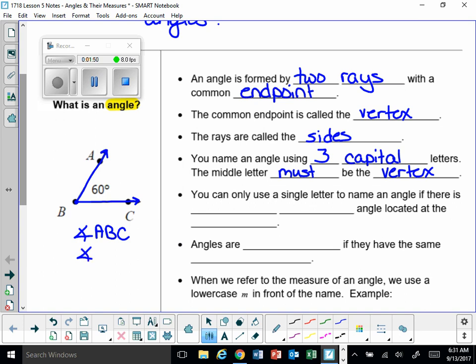Or I could say angle CBA. You can only use a single letter to name an angle if there is only one angle located at the vertex. In this case, we only have the one acute angle, so I could also call it angle B.